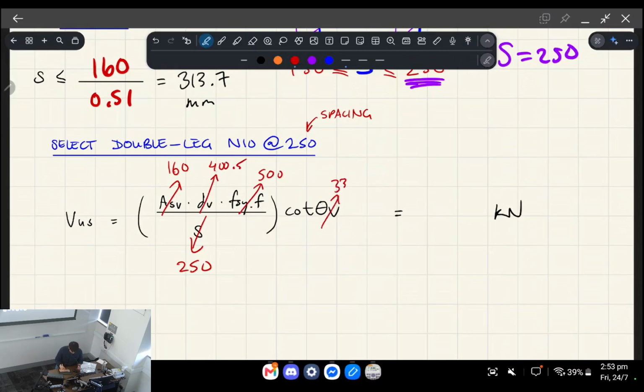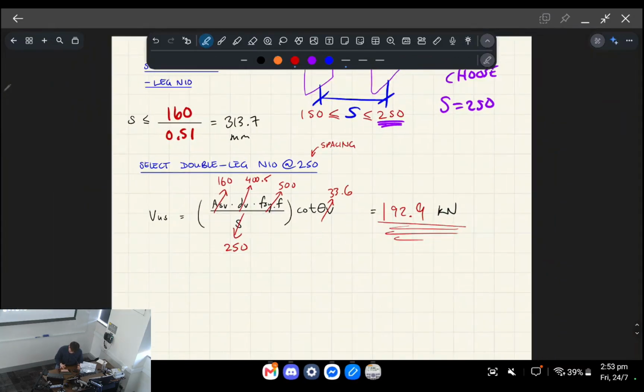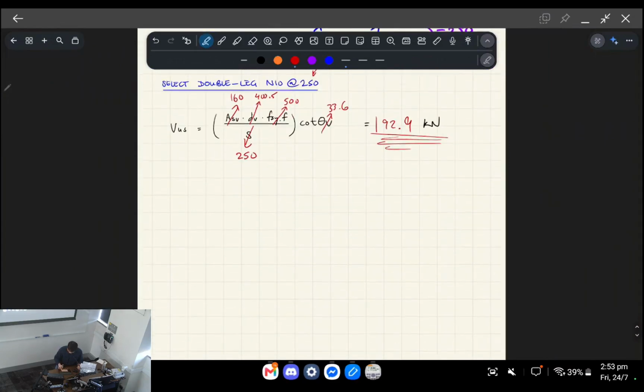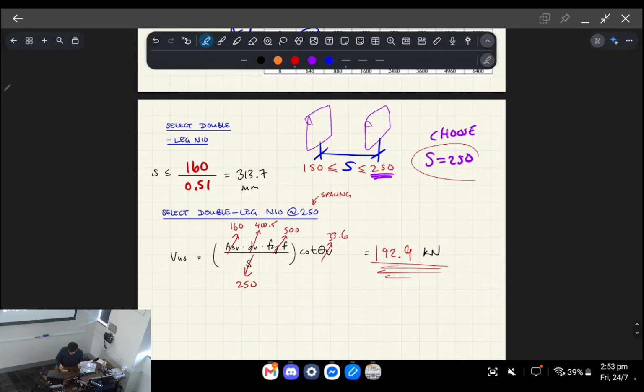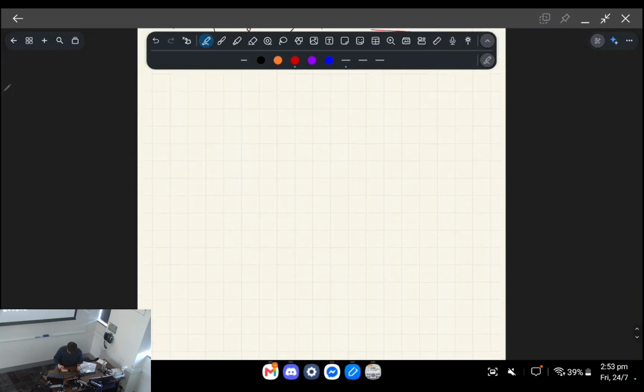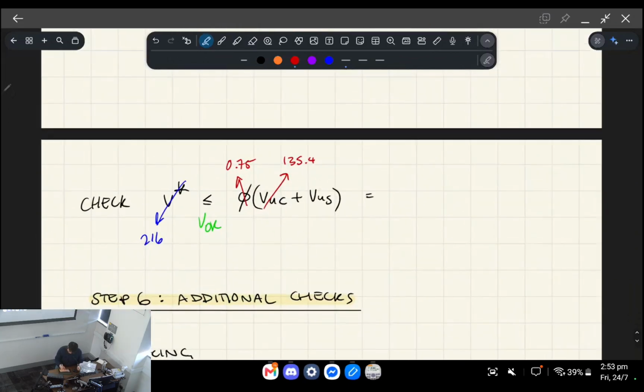All right, so this gives me 192.9 kilonewtons. That's the steel's contribution to the strength, based on the area and spacing of the shear bars that we chose. So what that means is we can plug in 192.9 into this check, giving us 246.225 kilonewtons.